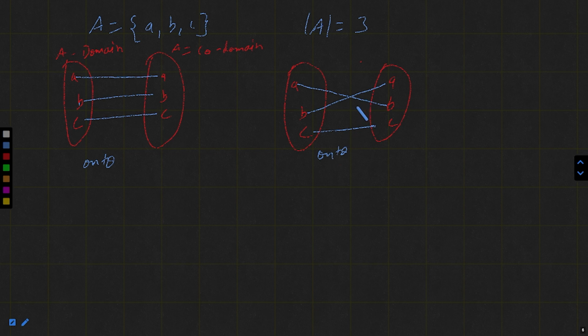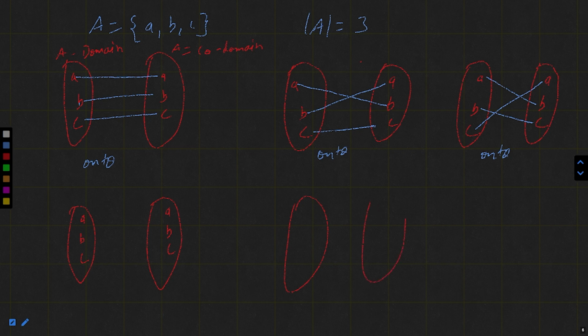Now a, b, c and a, b, c. If you associate a to b, b to c, c to a, this is also onto, as you can see.